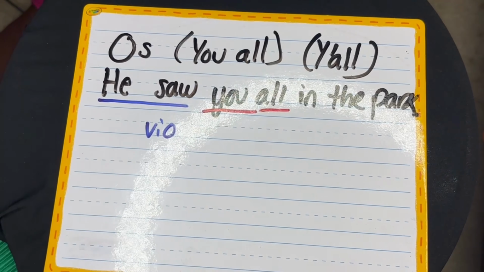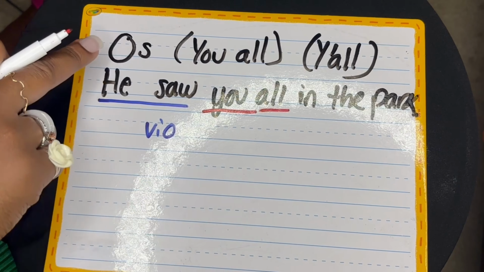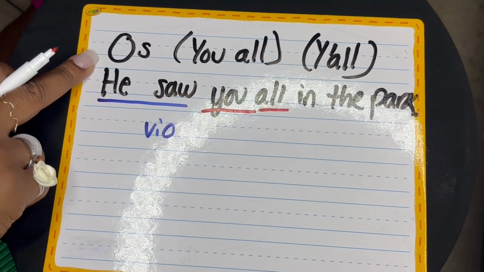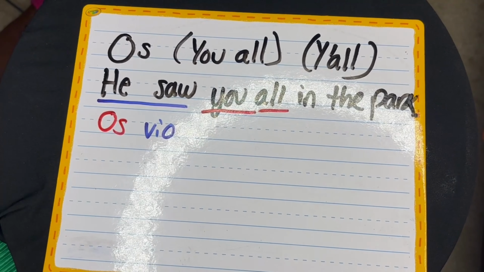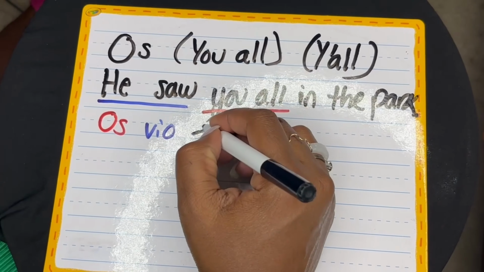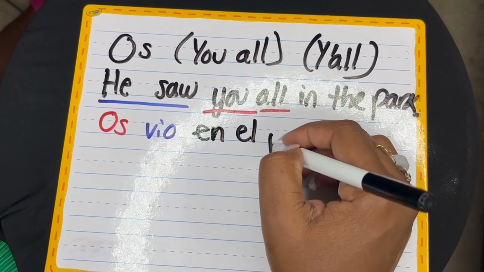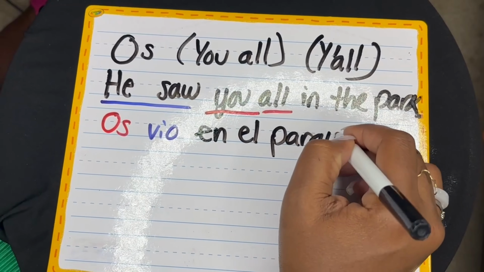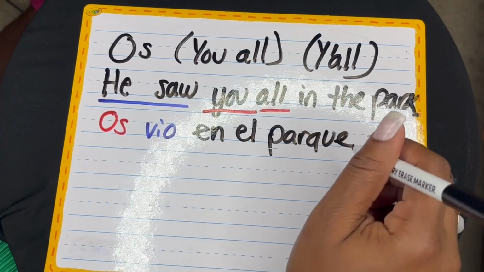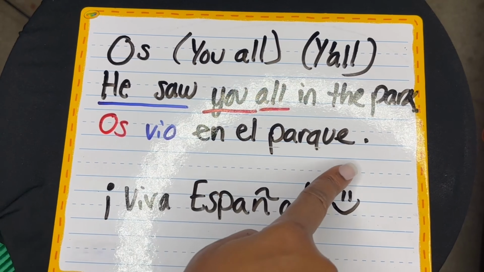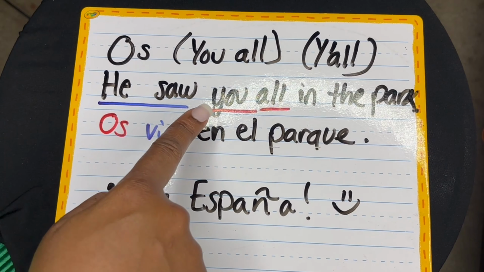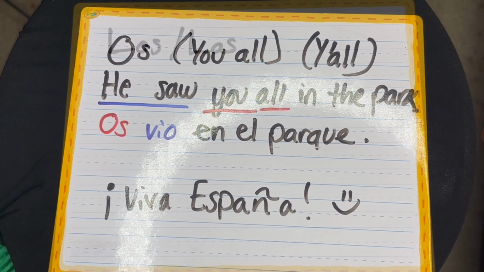So what word are we going to put there? Os. Os vio. In the park, which was en el parque. Os vio en el parque. He saw you all in the park.